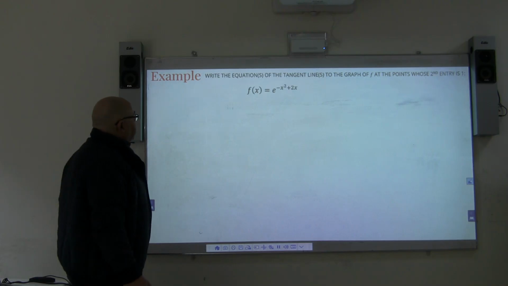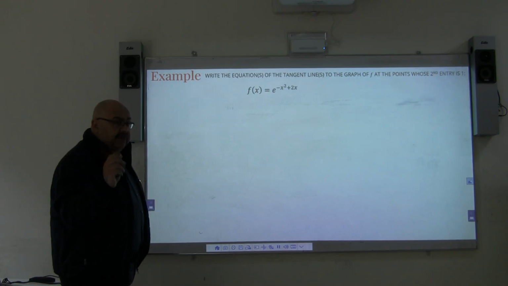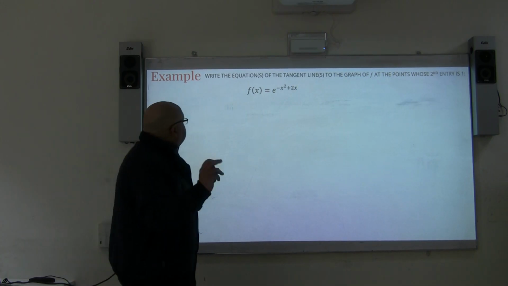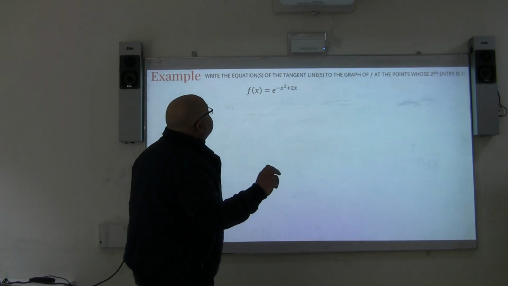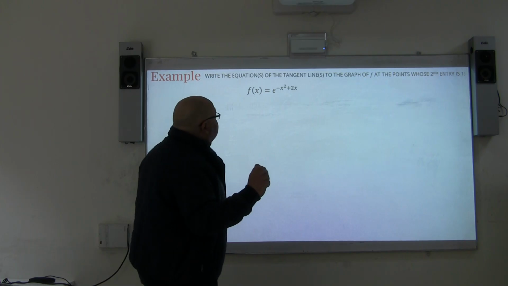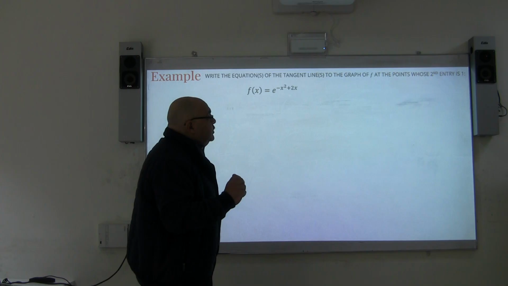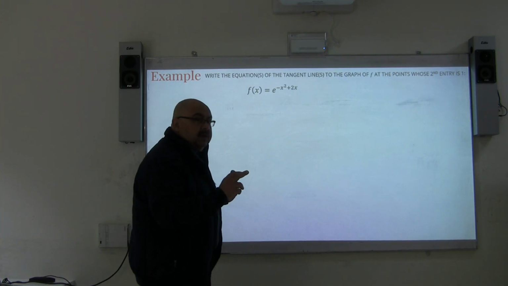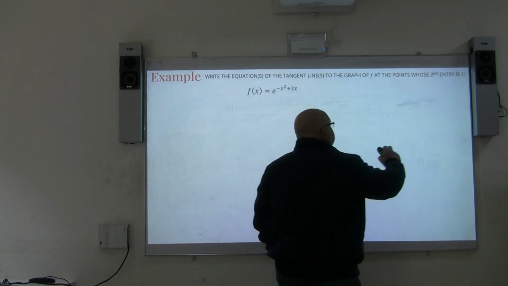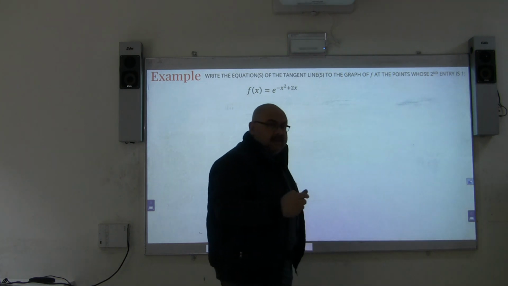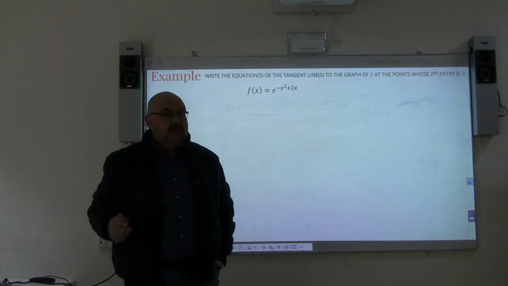That's another problem. But also read the problem carefully, okay. Here he is telling you, write the equations of the tangent lines to the graph of f at the points whose second entry is 1. So it means the y value is equal to 1.